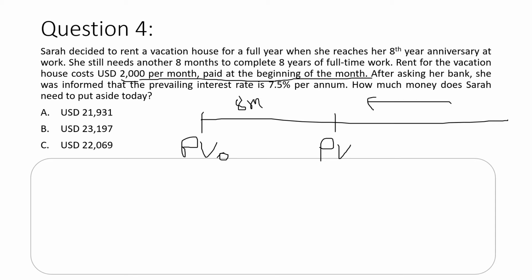Knowing that rent is paid at the beginning of the month, costing $2,000 per month. Drawing the timeline is very essential.